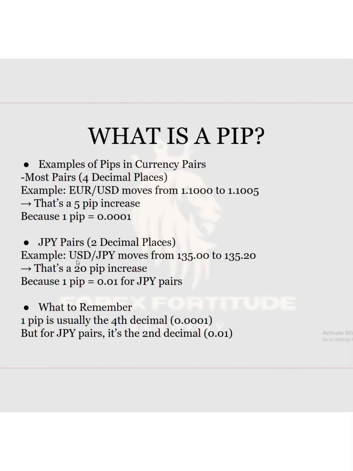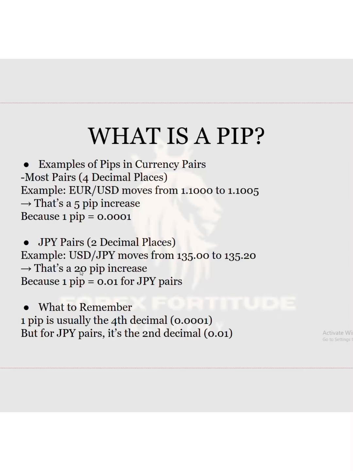Now JPY pairs are always in two decimal places. USD JPY moves from 135.00 to 135.20. That's a 20 pip increase. Why? The reason is that 1 pip for USD JPY is 0.01.